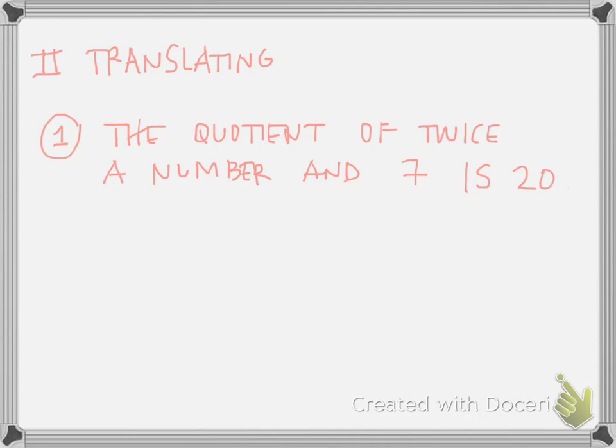So the quotient means division. Okay, the quotient of twice a number says 2 times x and 7 means equal to, is equal to 20. We're not asking to solve that, but translating, just make sure that you know how to translate a word problem.